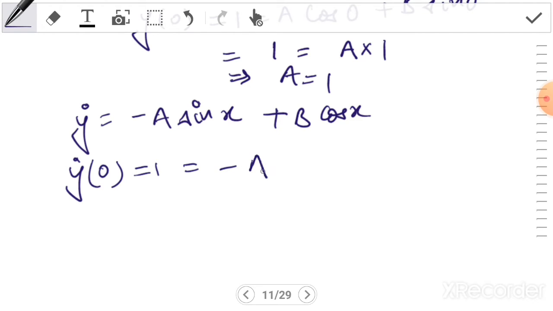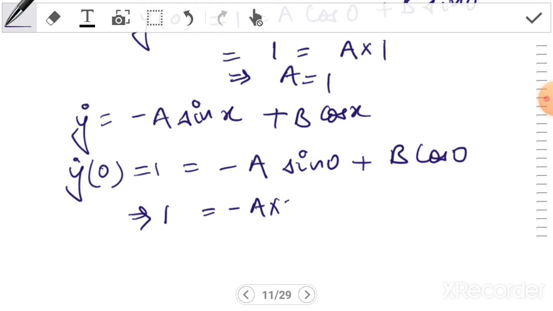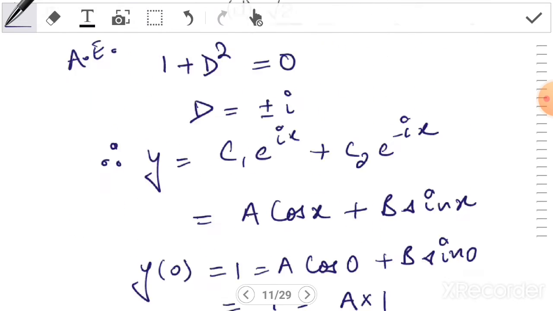So minus a sin 0 plus b cos 0. That means b is equal to 1, right?